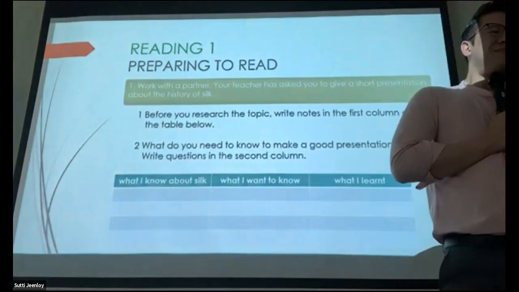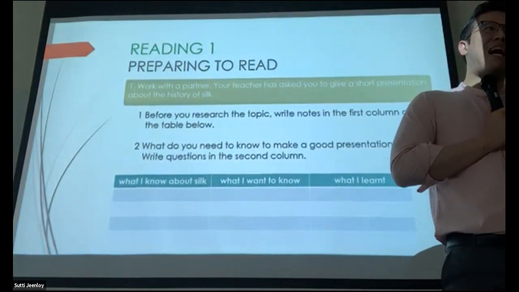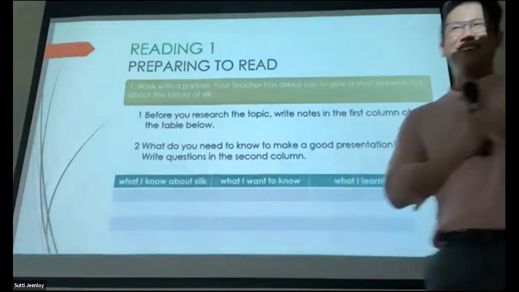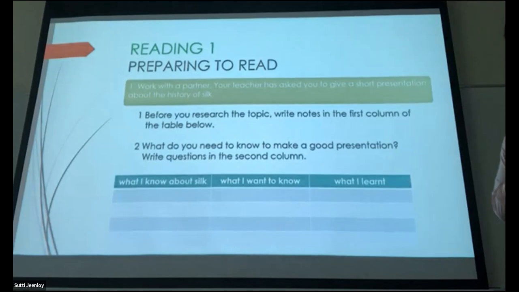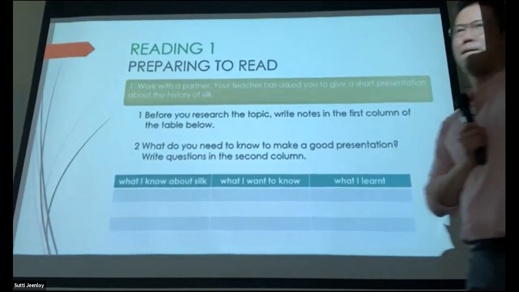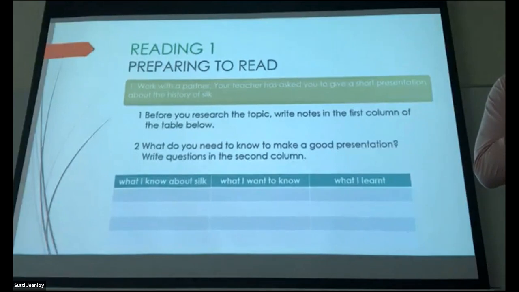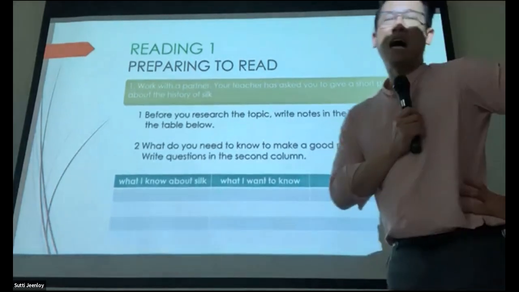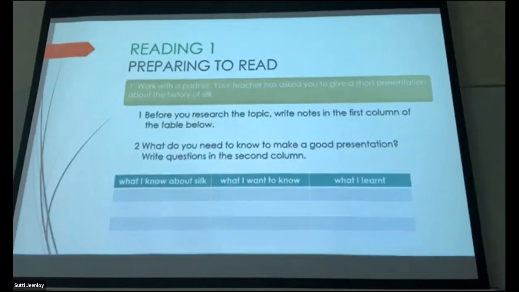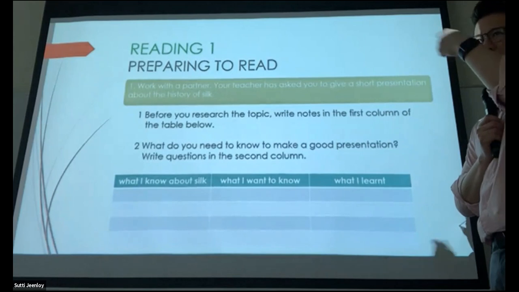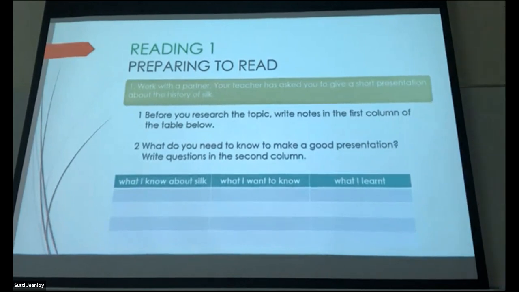Why? Sanitizing? No, I don't think so. To kill the worms. Just to kill the worms, because if the worms are still there, they will damage the silk threads, which should be long. That's why they have to kill those first.